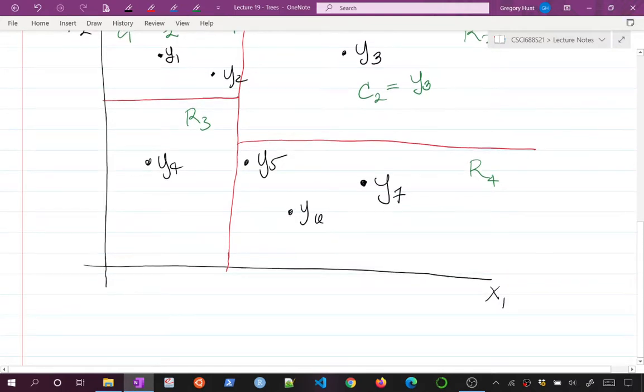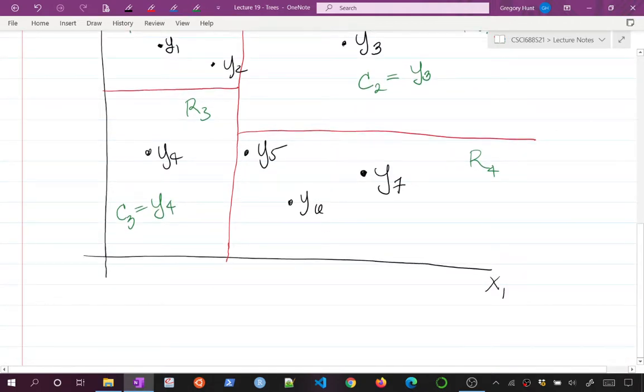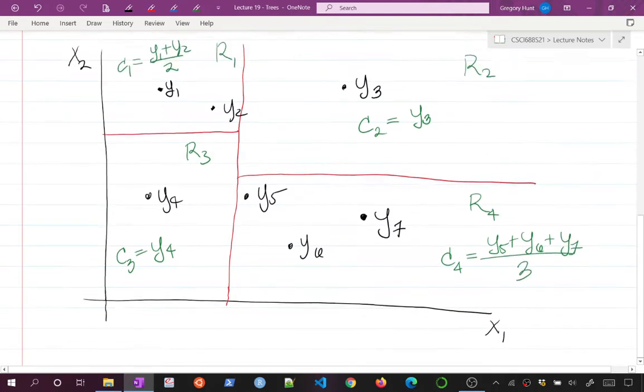That's the average. In rectangle 3, my value C3 would also just be y4. And in rectangle 4, the value I predict there, C sub 4, would be y5 plus y6 plus y7 divided by 3, so the average of those.